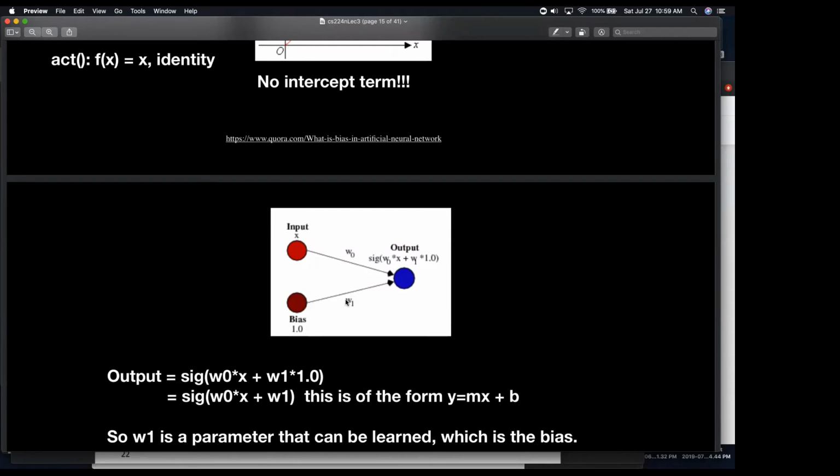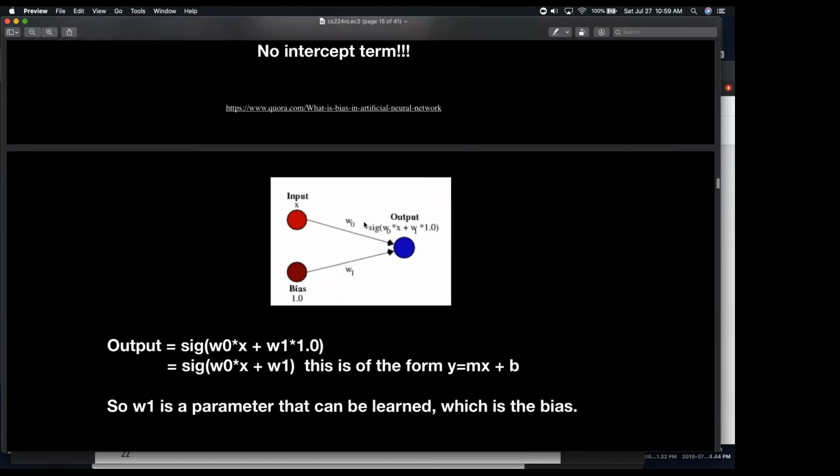This function is sigmoid of W0 into X plus W1 into 1, which is basically y equals mx plus b, where b is nothing but W1. And yes, it can be any value. So the 1 has nothing to do with bias. It's just there to set a bias, which is W1. W1 is the actual bias.